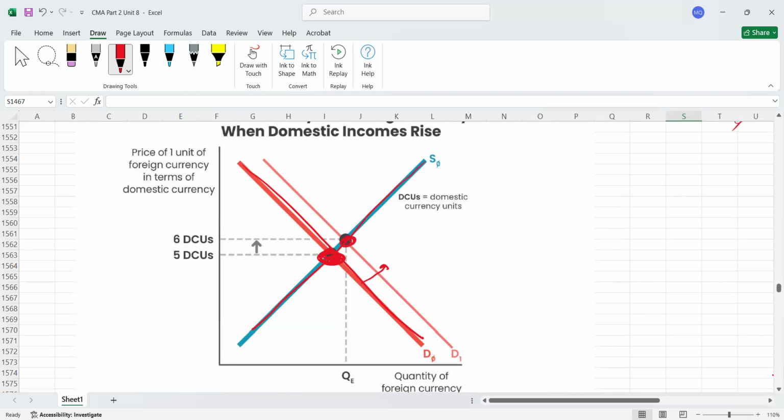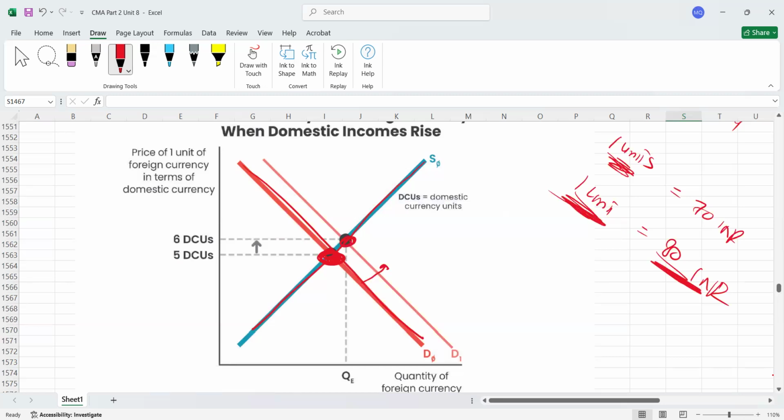Previously, I'm just giving an example, to buy 1 unit of Switzerland currency, I believe it's the Swiss franc, you were paying 70 Indian rupees. Now everyone wants to buy Swiss francs, so to buy 1 unit of Swiss franc maybe you will pay 80. Because this currency is in demand, you pay more of your currency to buy the unit of foreign currency.